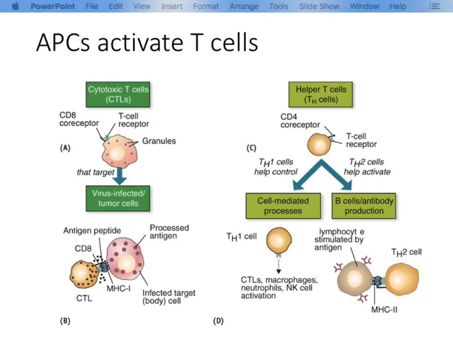So the next question becomes which cells interact with MHC2 and MHC1. For this, maybe the best way would be to draw a table and then come back to that figure.